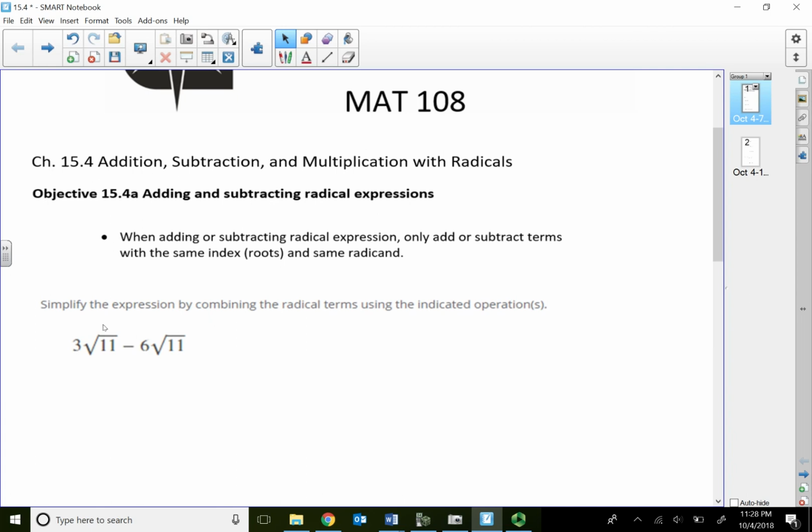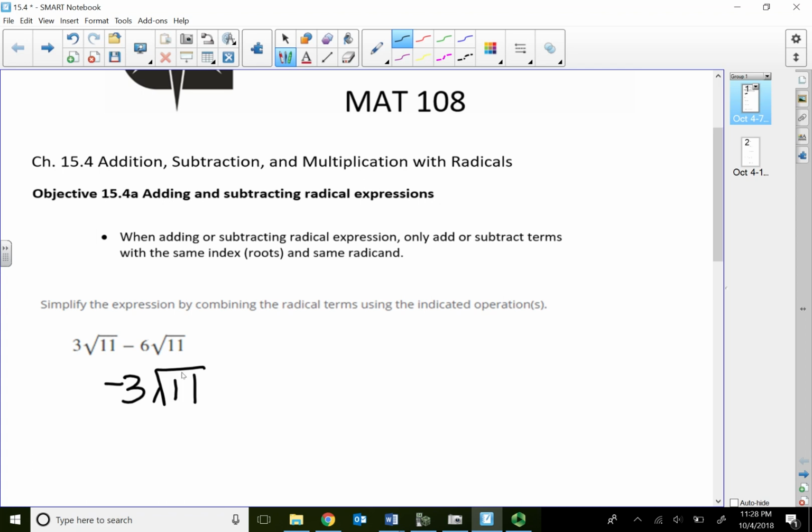So for example here, I have 3 times square root of 11 minus 6 times square root of 11. We are basically treating the square root of 11 like a variable. So for this example, we just add and subtract the coefficients. 3 of the square root of 11 subtract 6 more square root of 11 should give me negative 3 square root of 11.